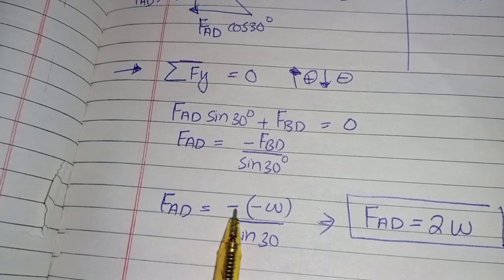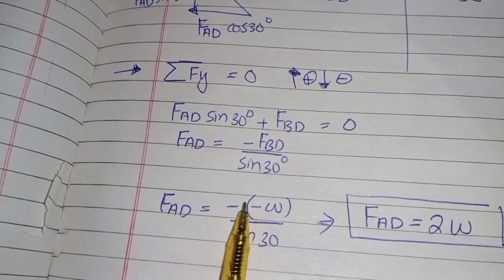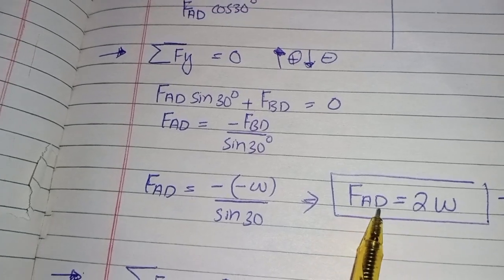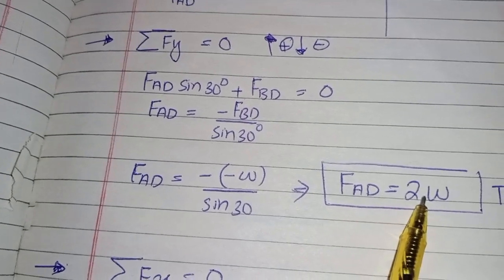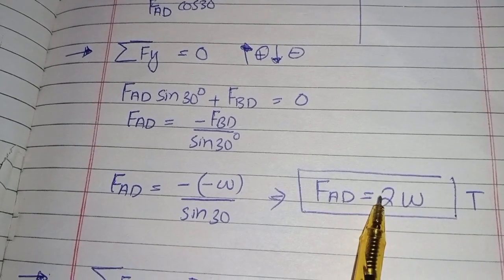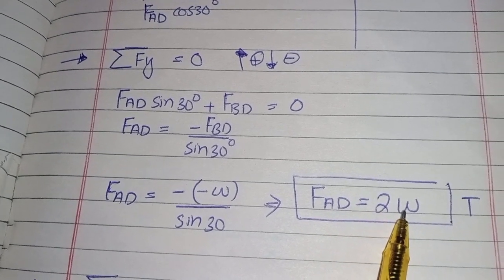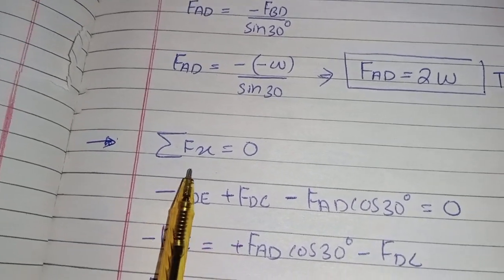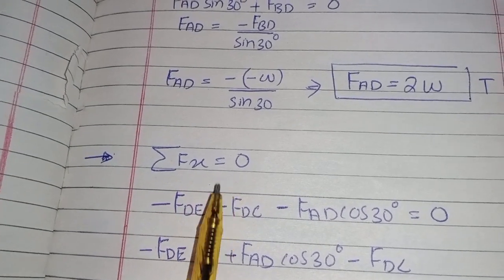So negative into negative will cancel, and it will come out positive. So the force in member AD is 2W, which is in tension, because the answer comes with a positive sign. That's why. Now the summation of all horizontal forces equals 0.